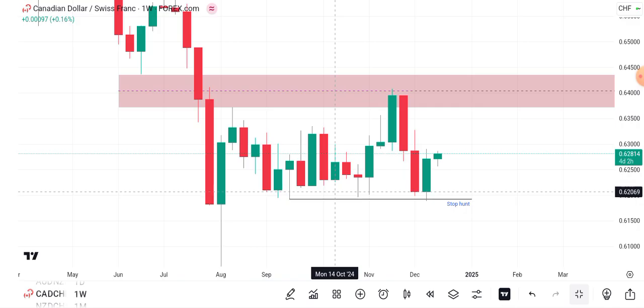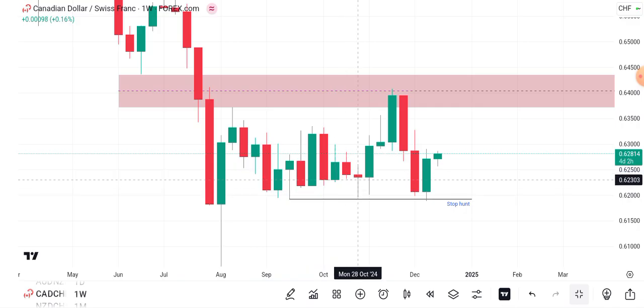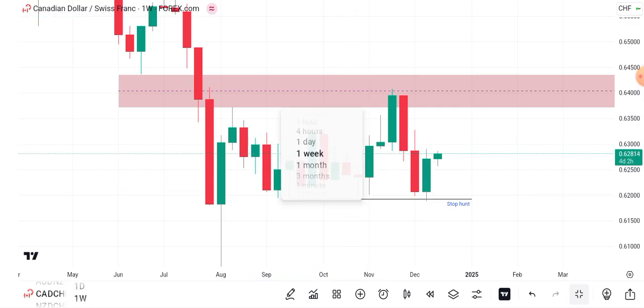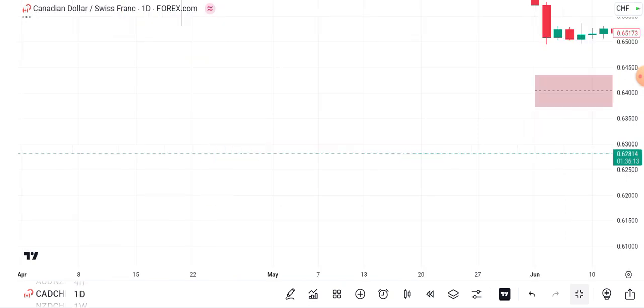I have to add that part of what you want to be mindful of in the higher time frame is things like these fair value gaps. They are useful if you know how to trade them. Fair value gaps and old lows are very, very useful, and you can use them to form a great trade idea. Now to the daily time frame, let's see.